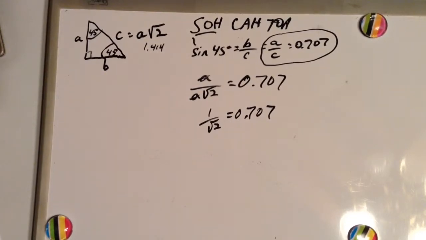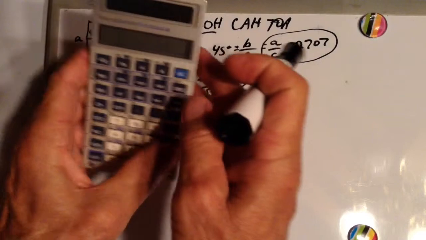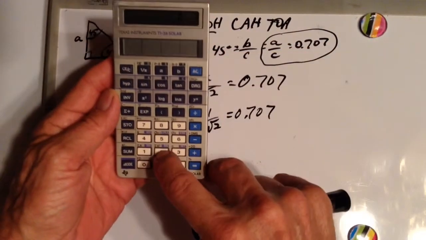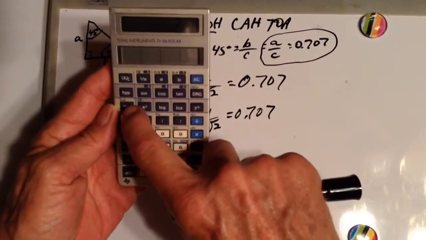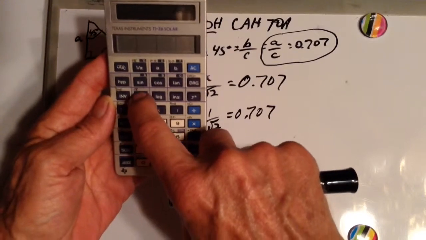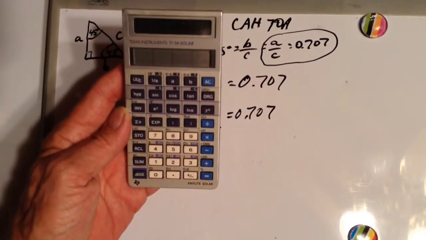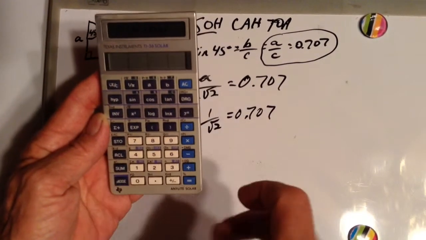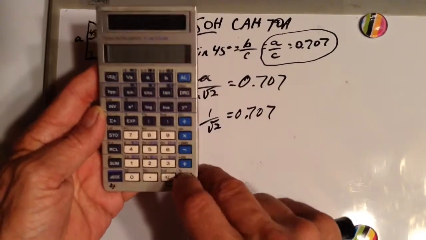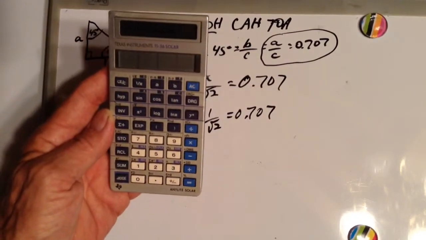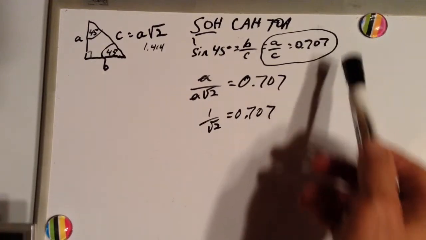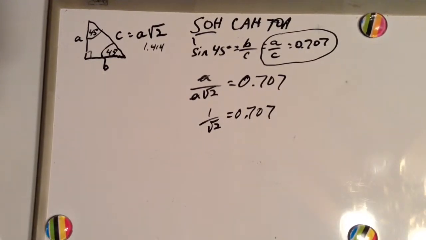If you hit 2 on your calculator, let's see, 2, hit the square root button, which gives you the square root of 2. It says 1.414 and all that stuff, divided by 2, and it gives you that 0.707 number that we had here when we looked for the sine of 45 degrees.